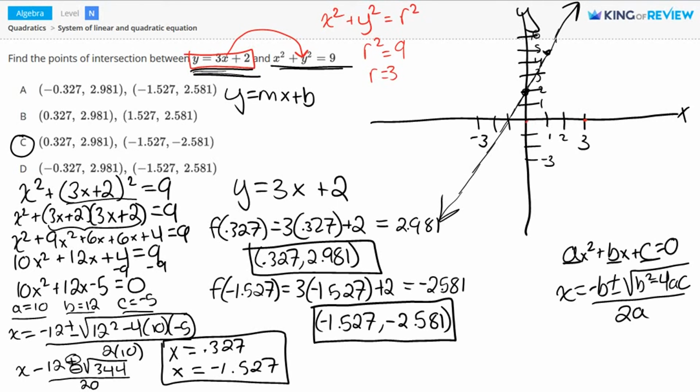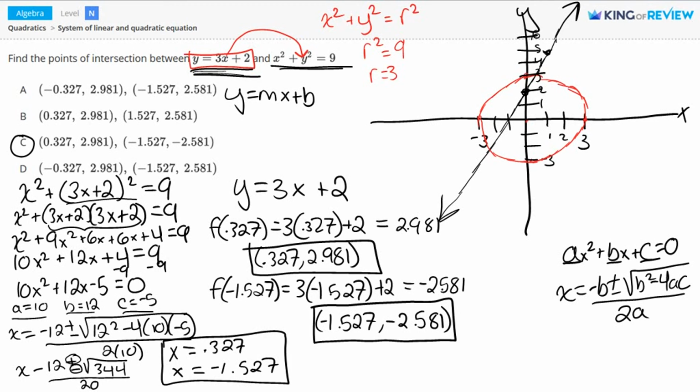So it's going to pass through these points because it has a radius of 3. So let's just do a rough plot of what this circle could look like. So here's our circle in red, and our line is in black.